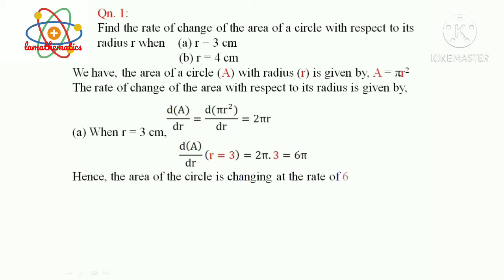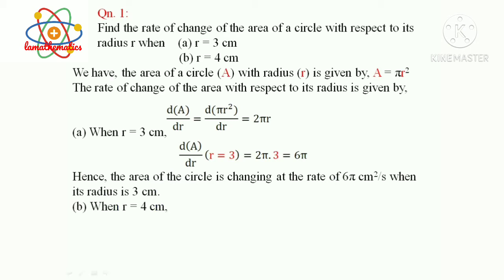Hence, the area of the circle is changing at the rate of 6 pi centimeter square per second when its radius is 3 centimeter. Similarly, we find when r equal to 4 centimeter.